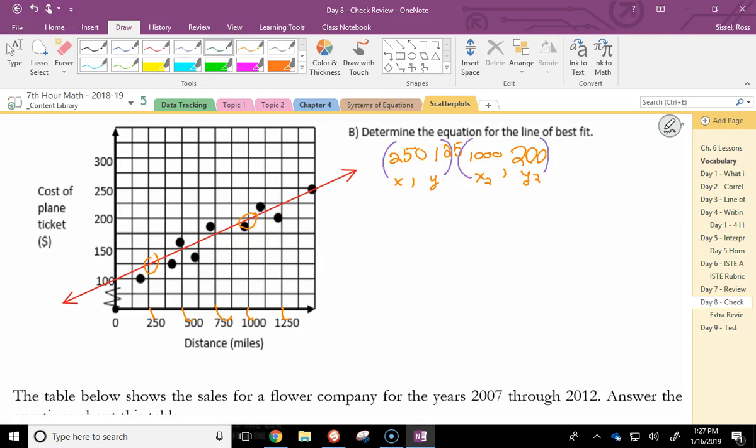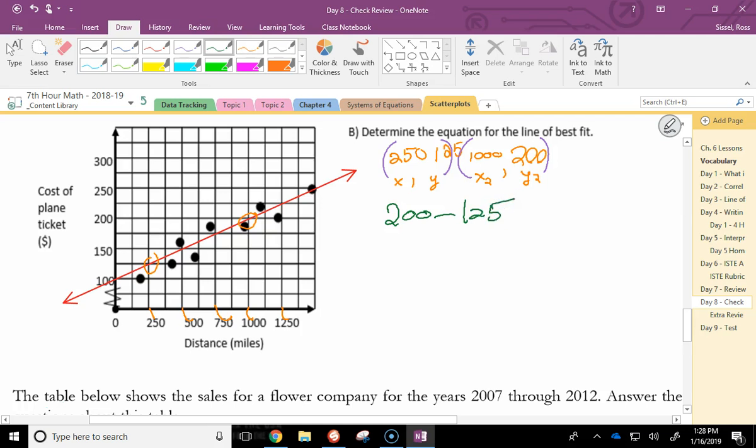Riley, what was the equation? y2 minus y1 over x2 minus x1. Okay, y2 minus y1. Charles, which one's our y2? The 200. This one. There you go. So let's write down 200. And Rylan, we're doing y2 minus, so 200, Charles, minus what? 125, our y1, so 125.